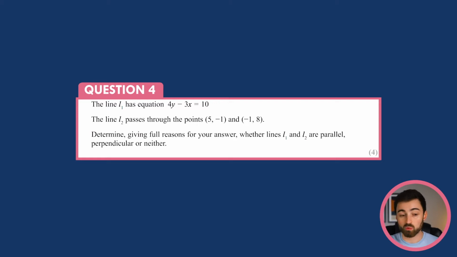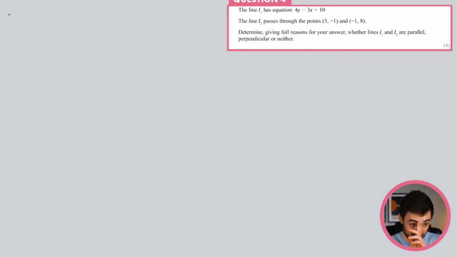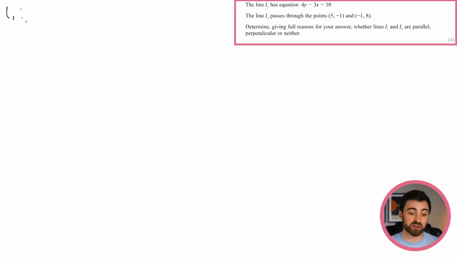So the gradient of L1, let's start off with that. Essentially, it would be nice if I could express this in the form y equals mx plus c. So let's do that now and see what we get. So let's add 3x to both sides. I'm going to get 4y equals 3x plus 10.